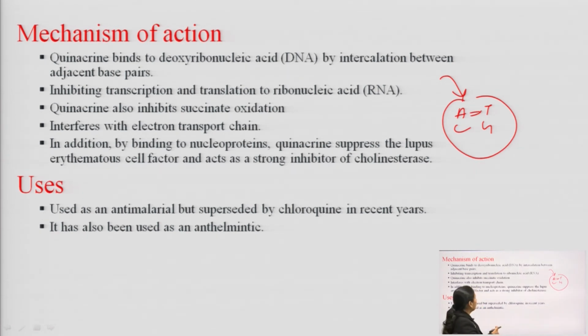Then there is an inhibition of transcription and translation. Transcription and translation are very important for the survival and growth of the parasites, because there is a formation of DNA, RNA, and protein which is responsible for the nutritional aspect.